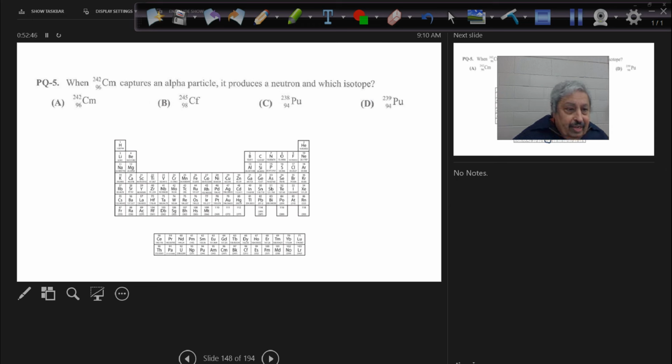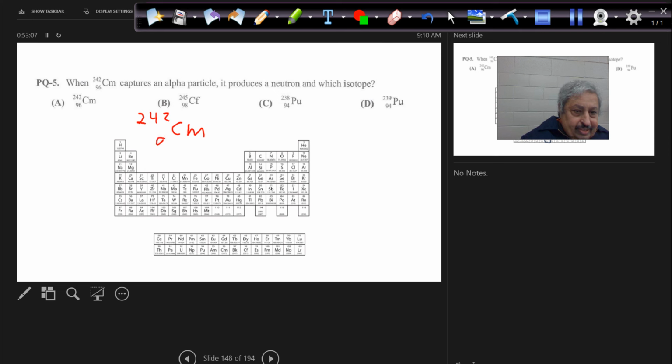So now, curium captures an alpha particle. It produces a neutron, and which isotope? So we are translating the whole thing here. So Cm 242. This is atomic number 96, atomic mass 242.